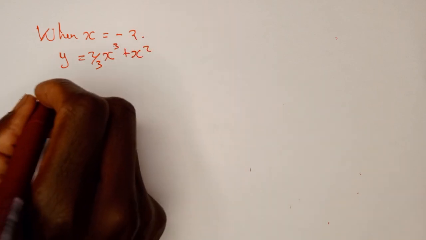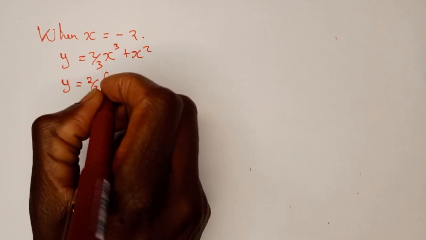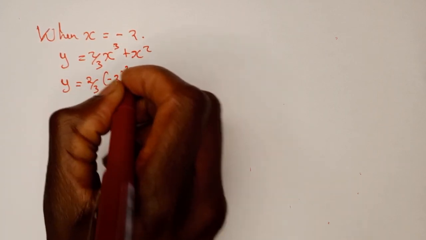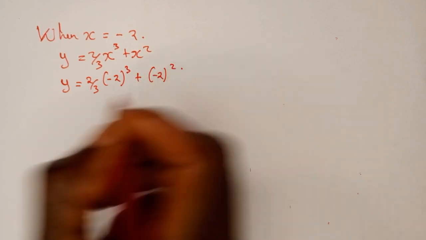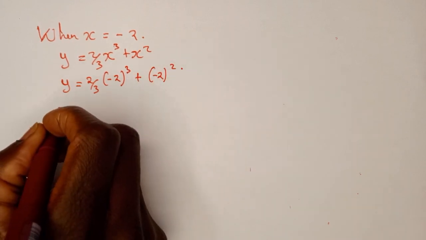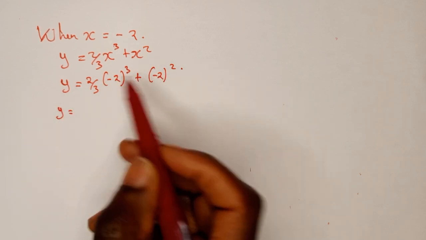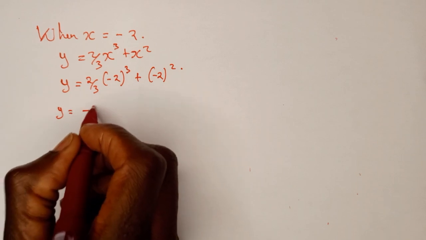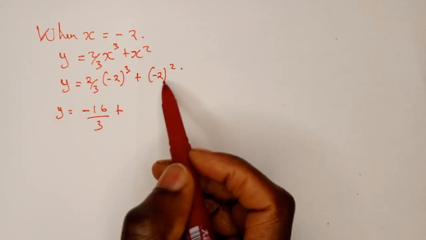So we're going to have y is equal to 2 over 3 negative 2 raised to 3 plus negative 2 squared. So when you simplify this one, negative 2 raised to 3 will be negative 8. Negative 8 times 2 is negative 16 over 3 plus negative 2 raised to 2.